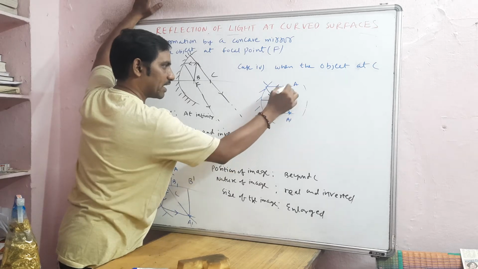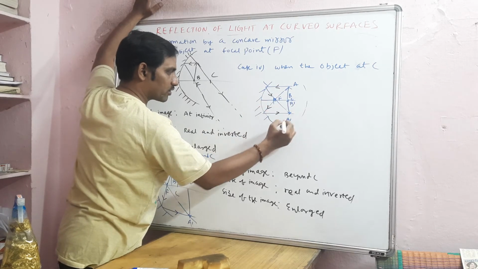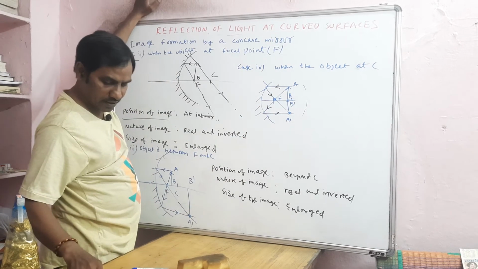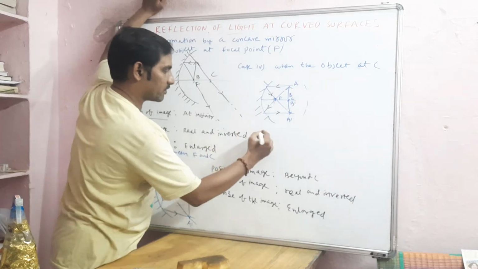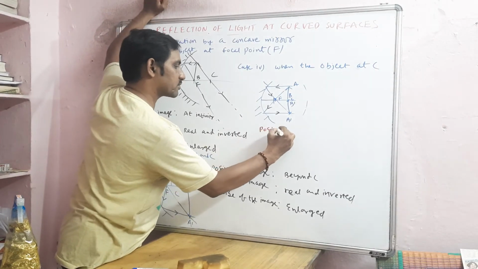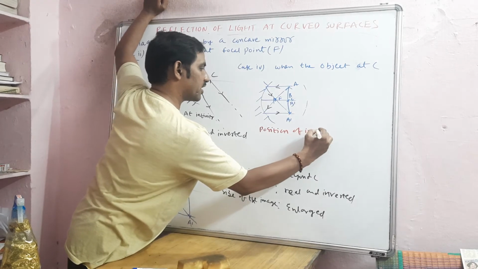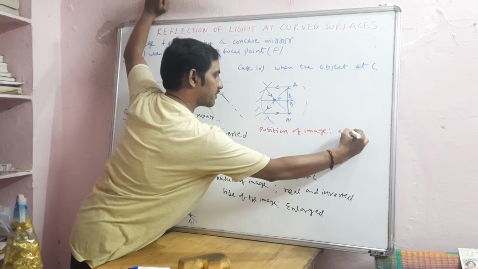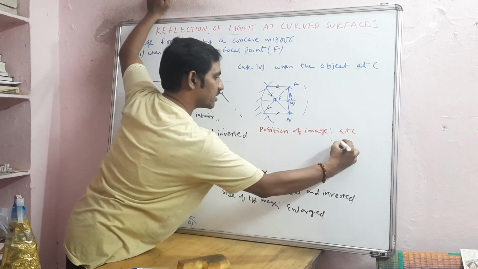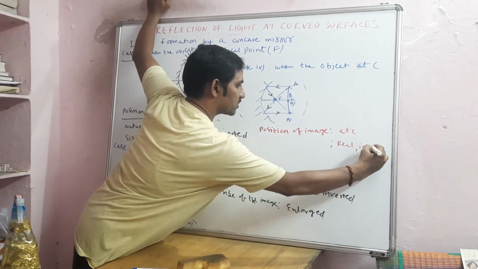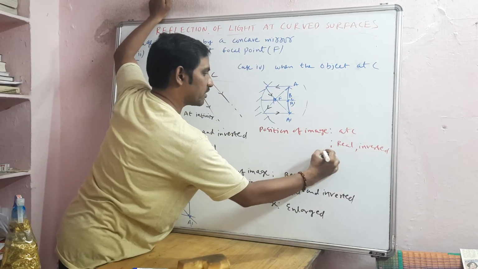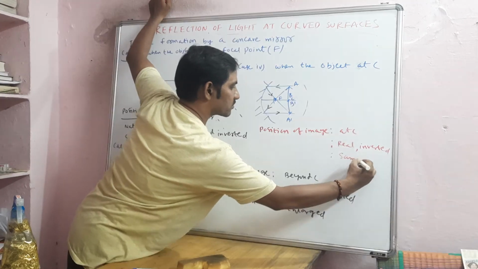The light ray is coming like this and the reflected light ray is going like this. Here also you can write the nature. The position of image is at C, the nature of image is real and inverted, and the size of image is the same size.